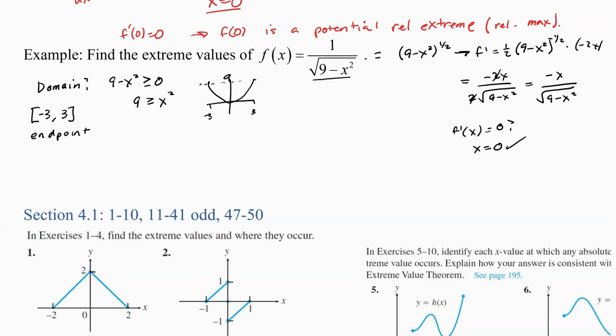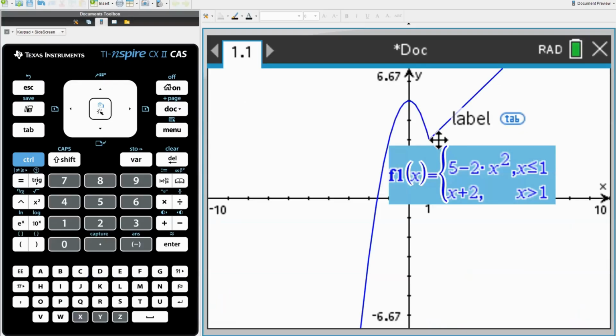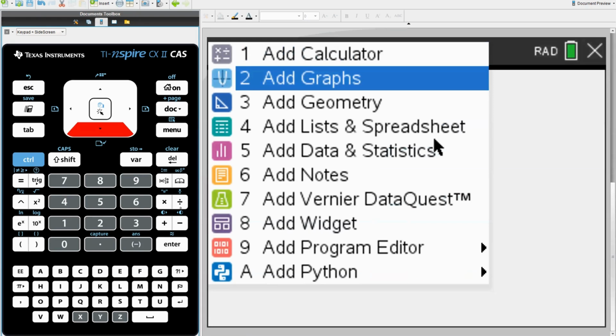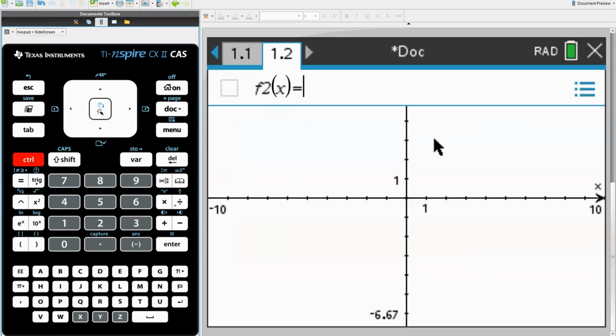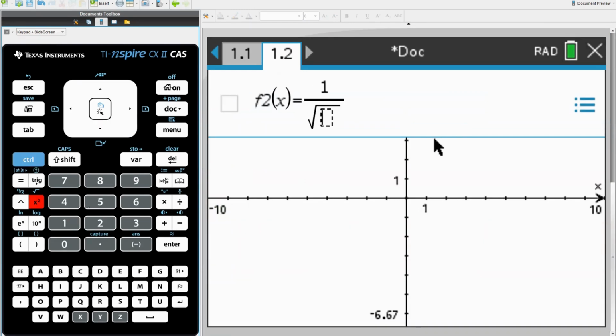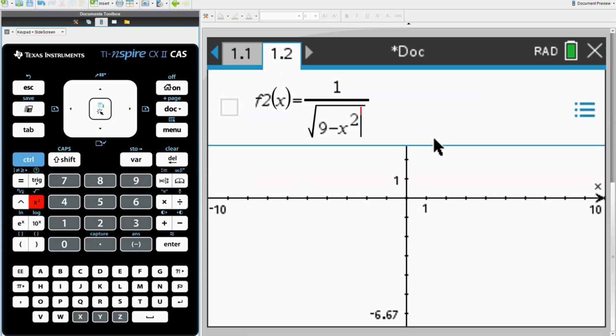So what do we think we have here if we were to graph that out? Looking at 0, looking at -3, looking at +3, those locations in which the extreme behaviors may exist. Well, let's take a look at the function. I'm going to press control doc, which is going to add a page. I'm going to let that be a graphing page. I'm going to press control division, so I can put in this fraction, which represents that function.